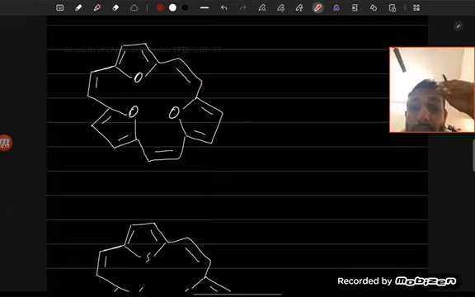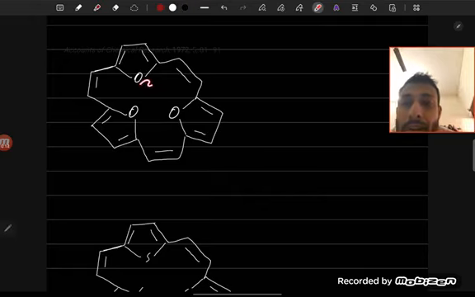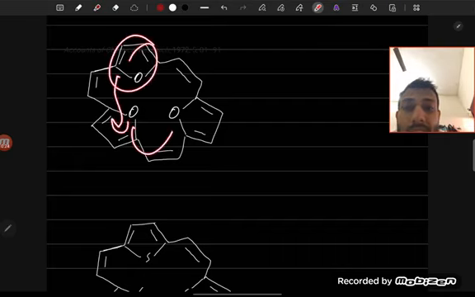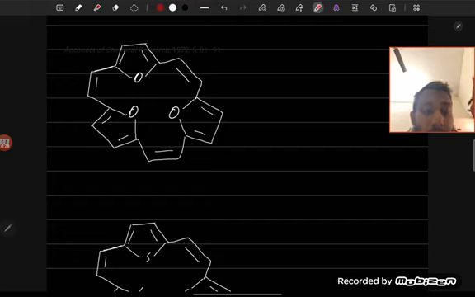Okay. So now we can see that it has a lone pair here. So these lone pairs are taking part in a ring if we isolate this, but if we connect them consecutively, then they form a big large ring.